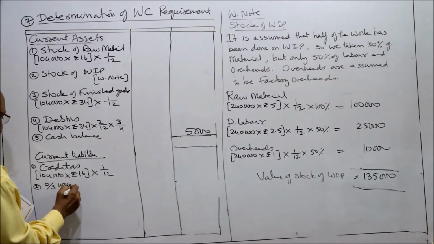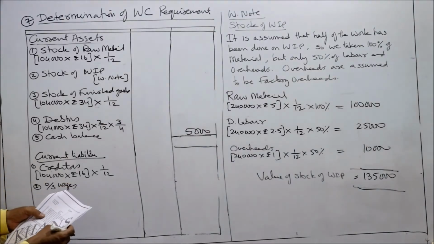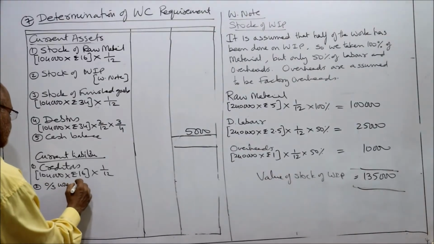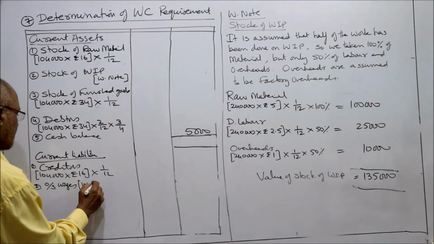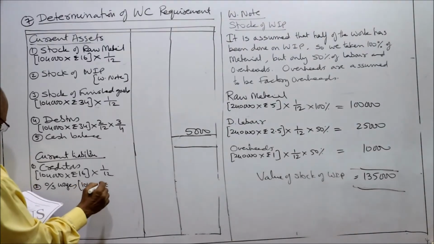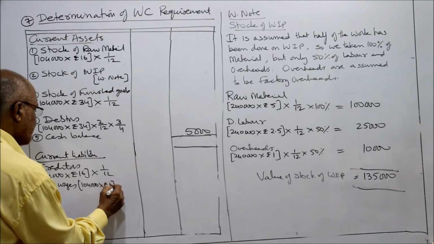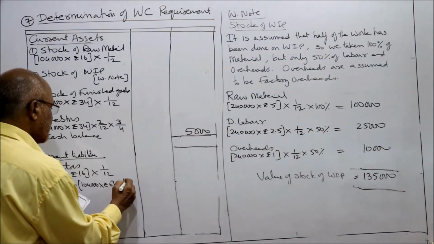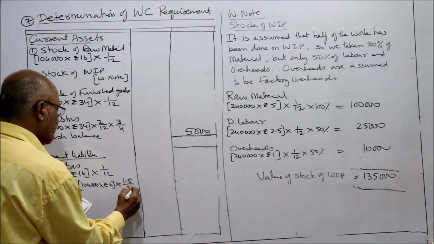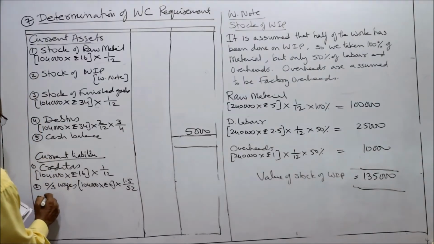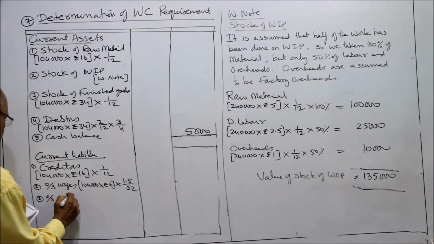Outstanding wages. The wages, lag in payment of wages 1.5 weeks. 1,04,000 into 6 into 1.5 by 52. Outstanding overheads.